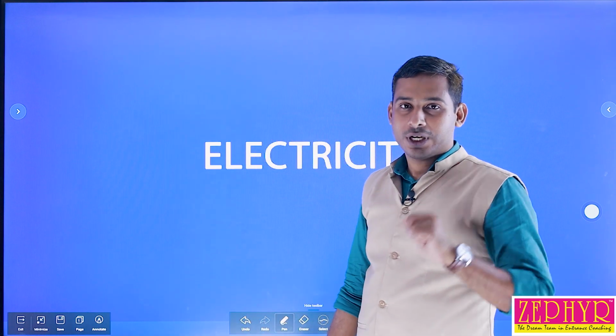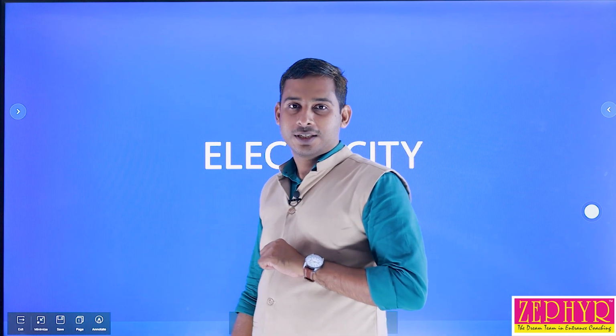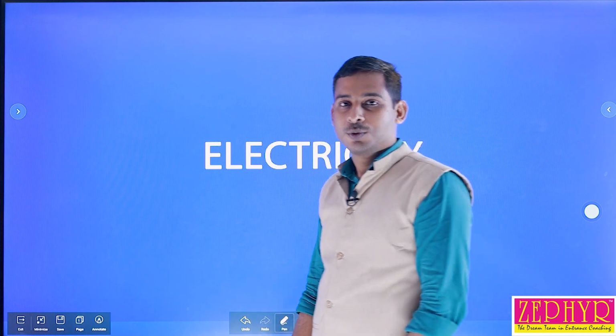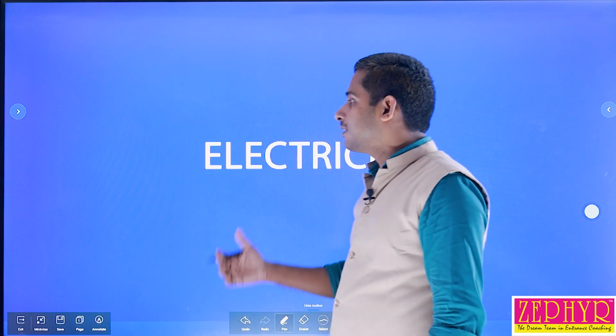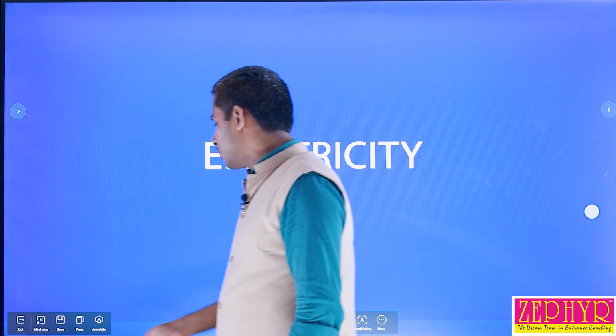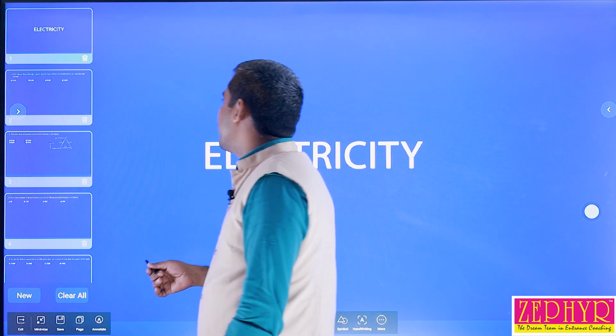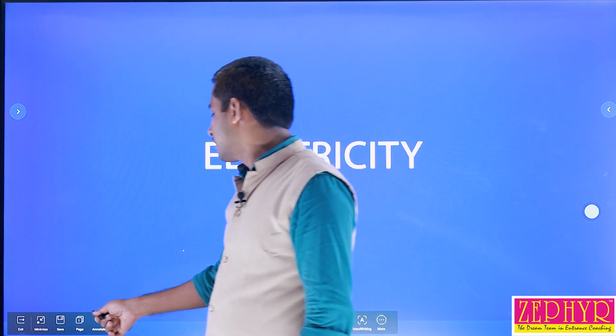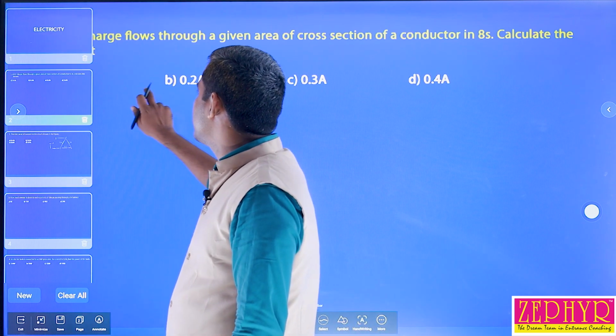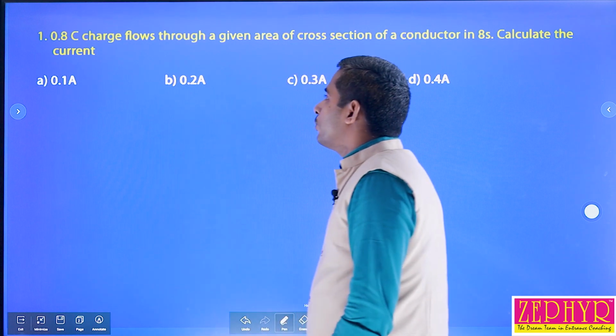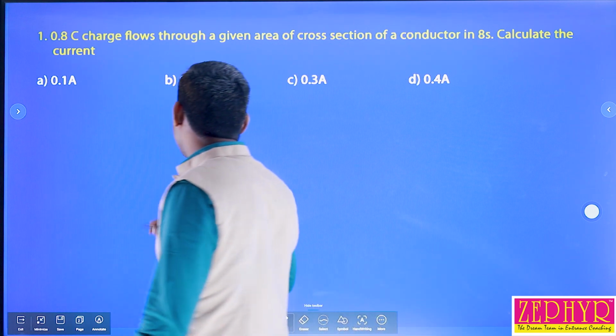I am moving to the first question. Hope all are ready to learn and understand the questions related to this part. I am moving to the first slide. Listen, the first question is: 0.8 coulomb charge.